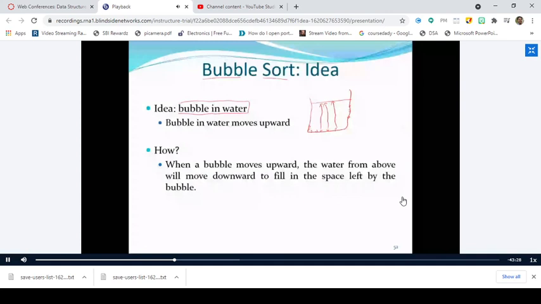Is it clear up to this point? Don't remember all these things, right? Why the name has been given as bubble sort, all these things they will not ask from the examination point of view, but it is just for understanding purposes. Why the name has been given as bubble, right? Is it clear?